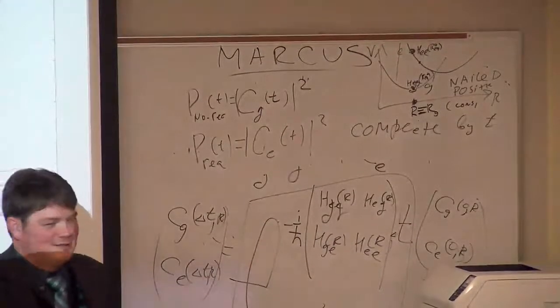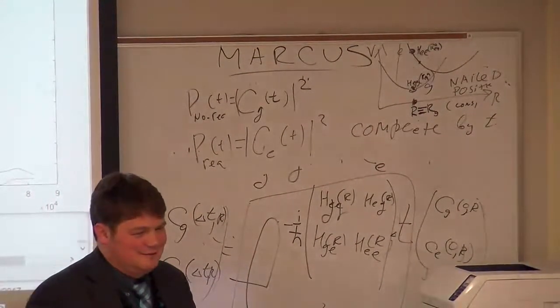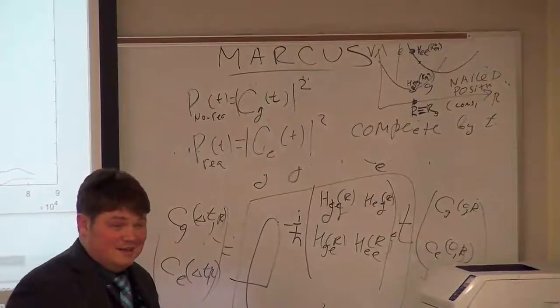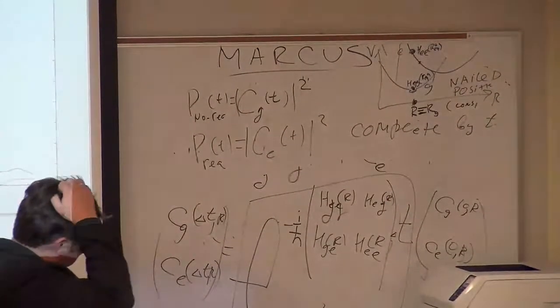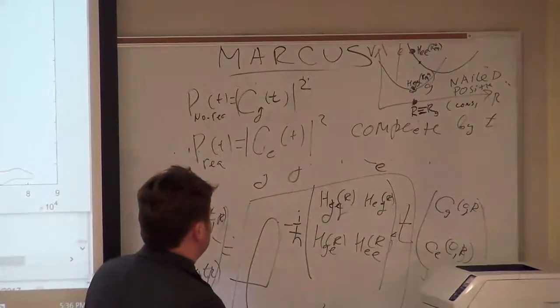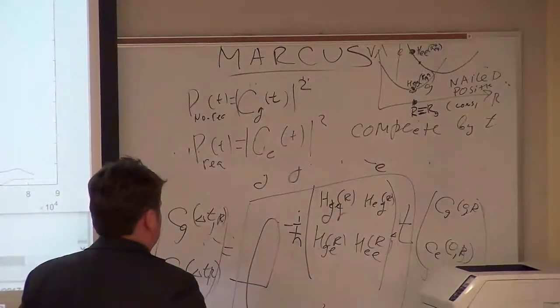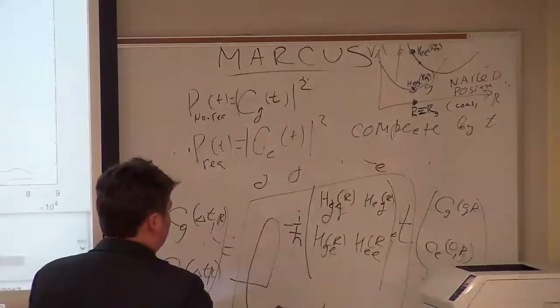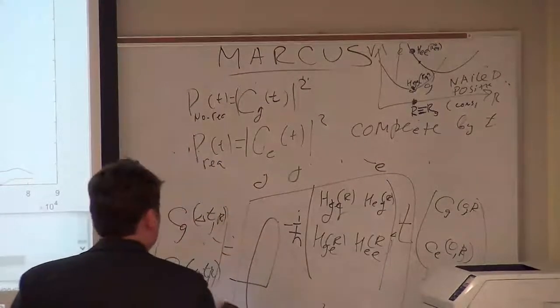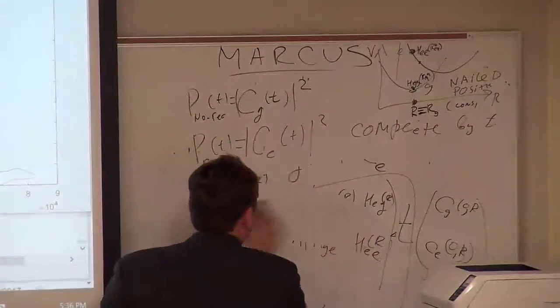I'm going to erase it and surprise you once again. Sounds good. It's just no space. I'm going to erase and rewrite this equation once again, almost in the same shape.